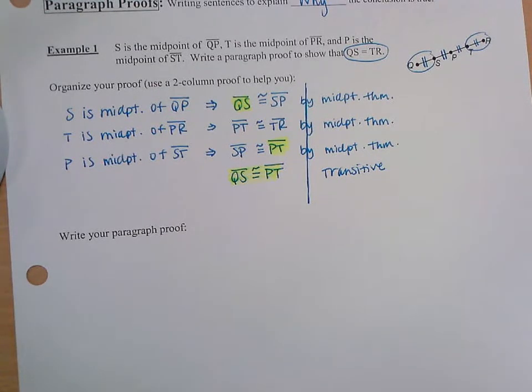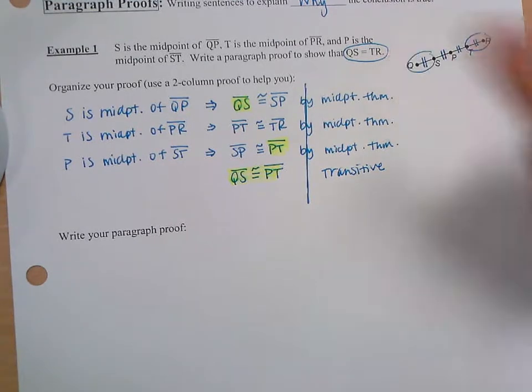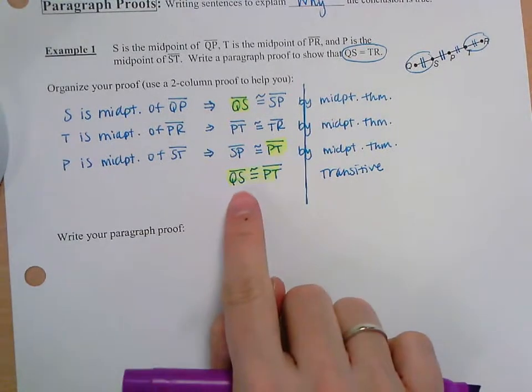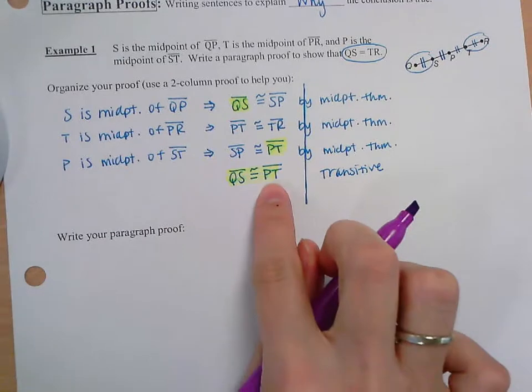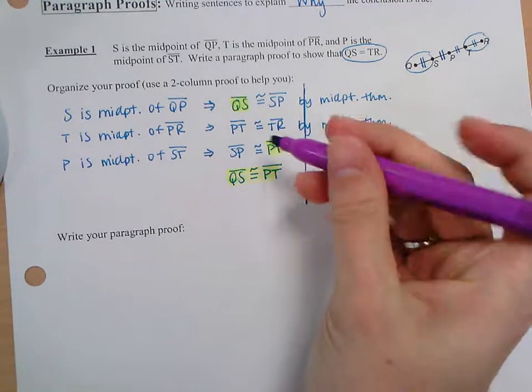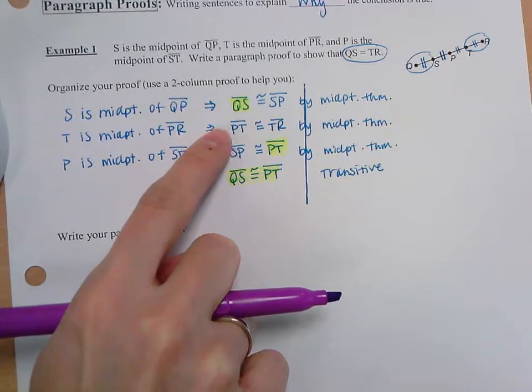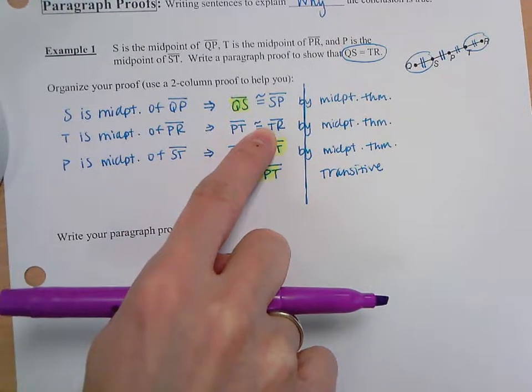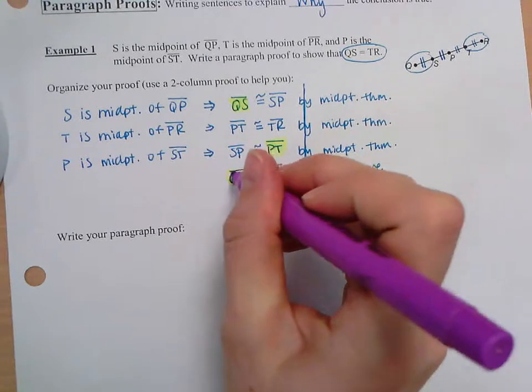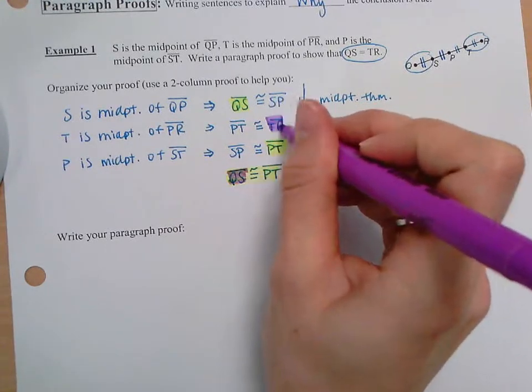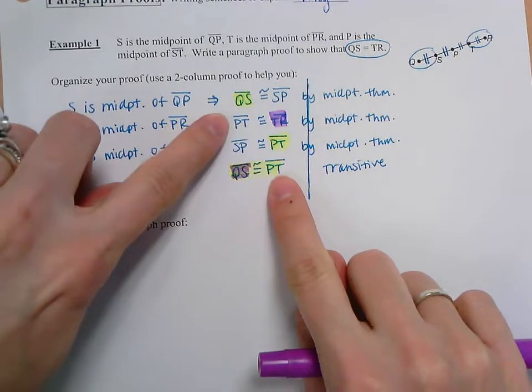Then, because again I'm trying to get to TR, if I know QS is congruent to PT, I also have PT in this line: PT is congruent to TR. So here's QS, here's TR. They are both congruent to PT.